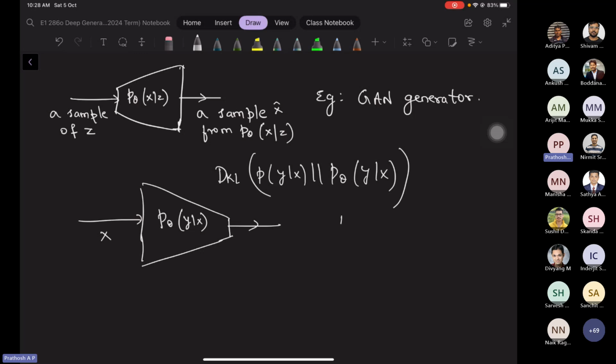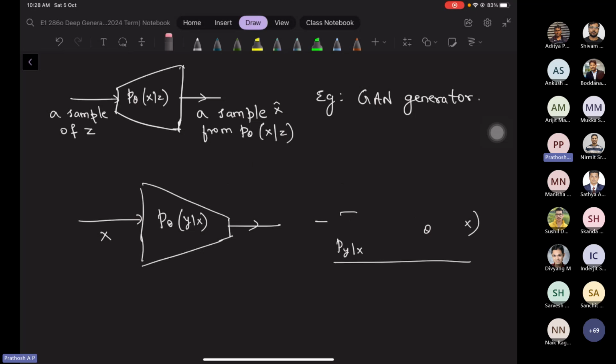The first term is the expectation of log of p theta of y given x with respect to p of y given x. The negative of this is what you minimize, which is the cross entropy term, nothing but the KL divergence. So even a classifier is doing the same thing: maximum likelihood estimation, or minimizing the KL divergence.